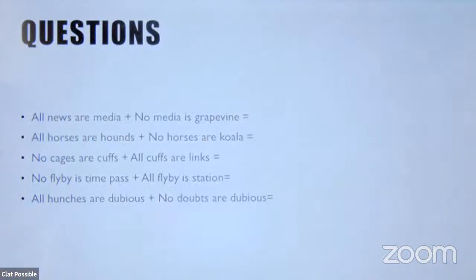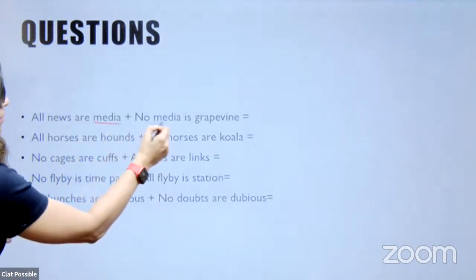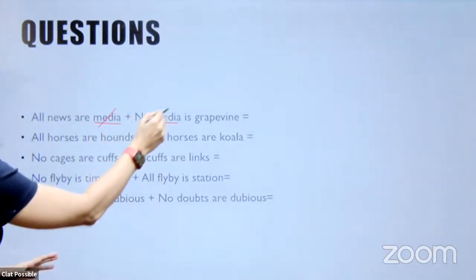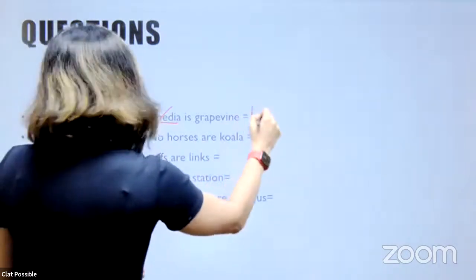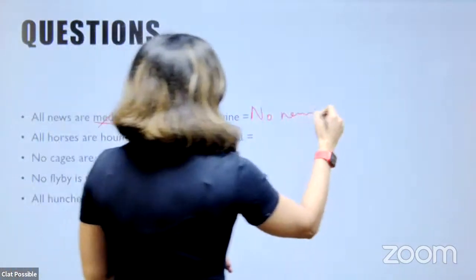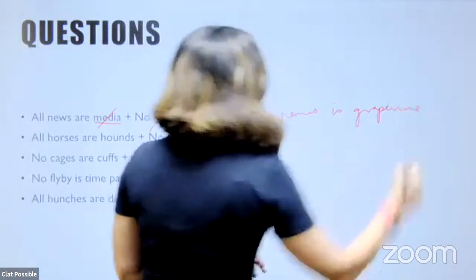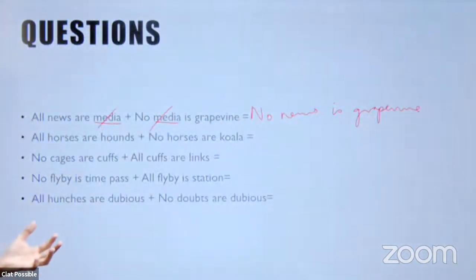Step 1, as usual, will be the middle term. In the first case, the middle term is media. It has to be the predicate of all. Only 5 seconds you will take. And you get no news is grapevine. And you know no grapevine is used is also valid. Then we come to the second question.